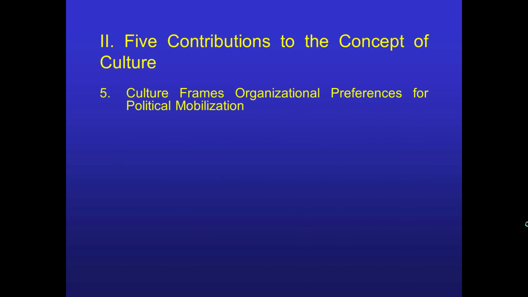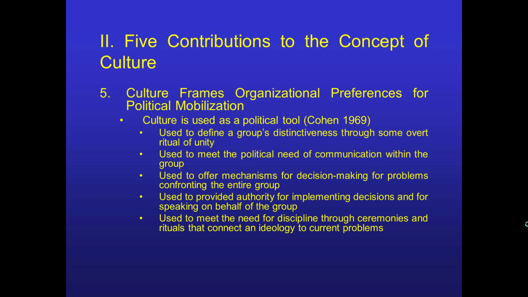Okay? Well, finally, we reach number 5. After all of this, we have organized culture, we have grouped culture, we have differentiated culture, and we have tried to rationally analyze culture. Culture frames organizational preferences for political mobilization. So once the group has come up with their little manifesto about who we are, what's important, what's not important, what we defend, what we try to reject, this is now translated into some kind of political action.